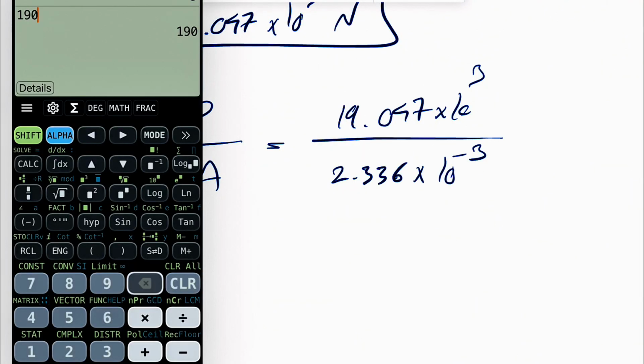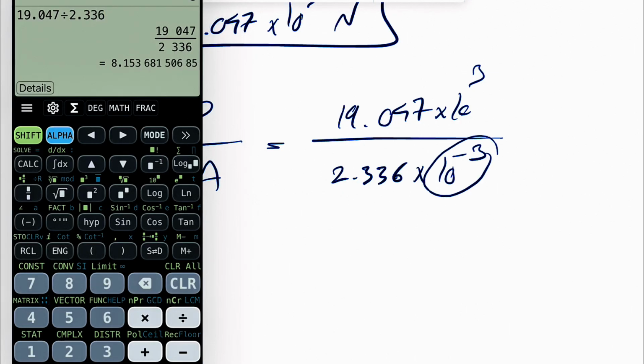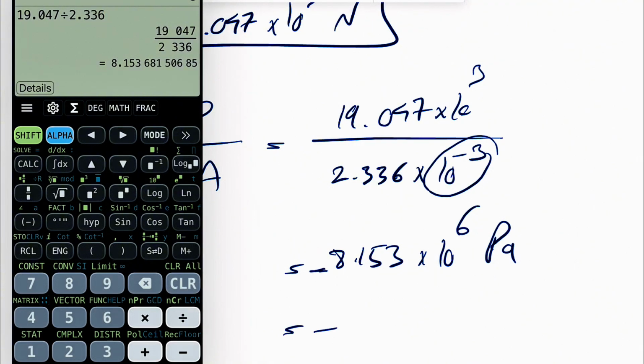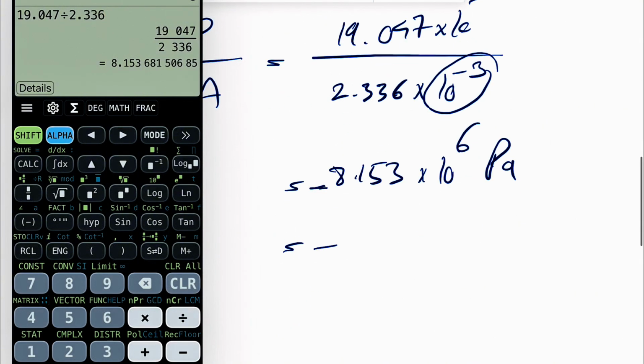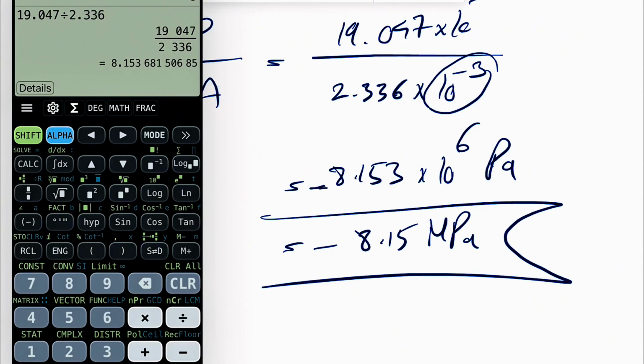So 19.047 divided by 2.336, and these are going to go on top. So 8.153 times 10 to the 6 pascal, again negative, so minus 8.15 megapascal as the final answer for this question.